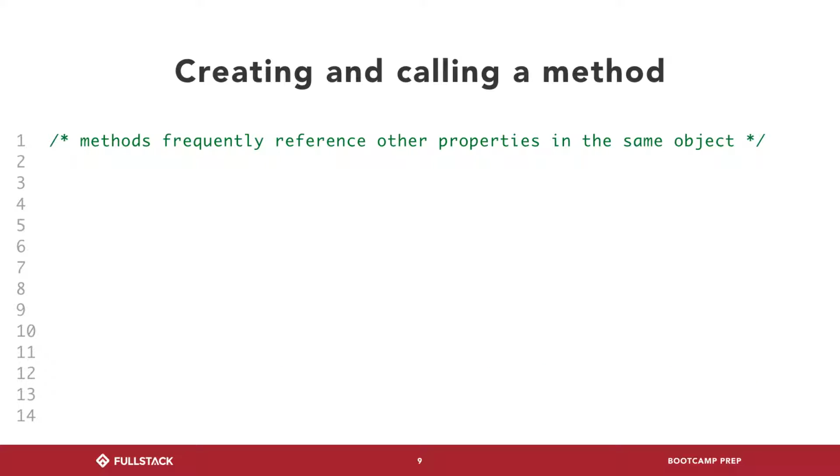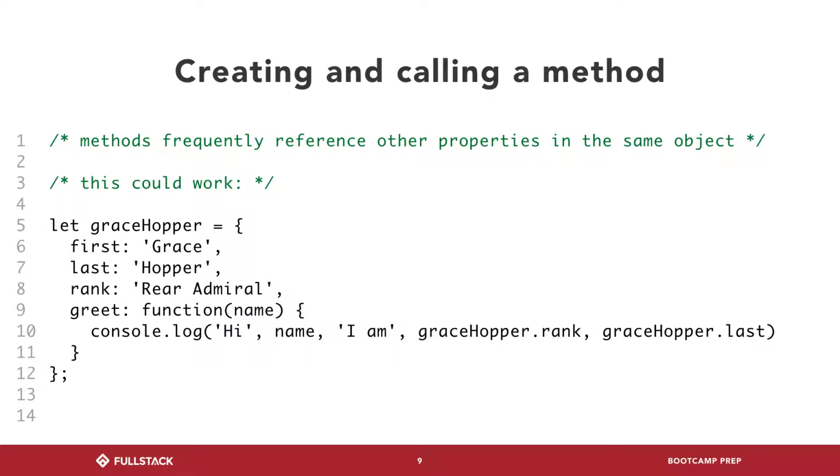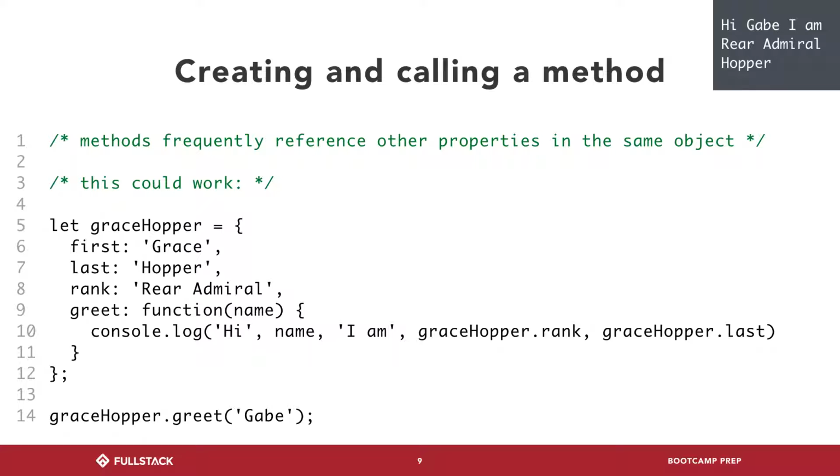So another way to write this is, rather than literally write out "I am Rear Admiral Hopper," I can actually just say, "Hi, Karen or Gabe, I am," and then look, we have a Grace Hopper object here. Just do gracehopper.rank, and then gracehopper.last, which is Hopper.